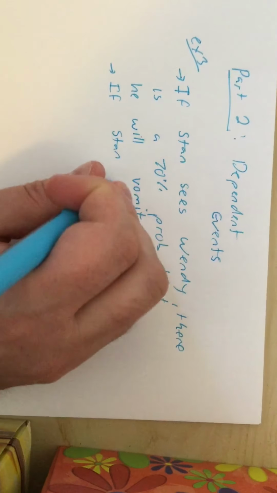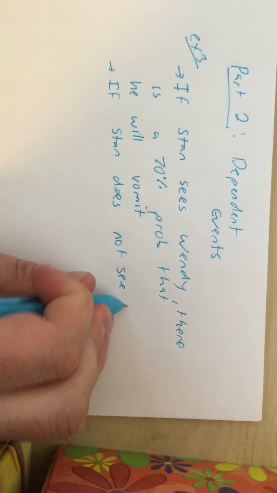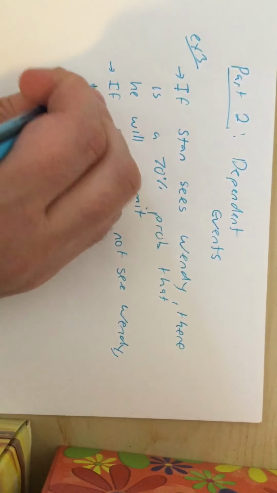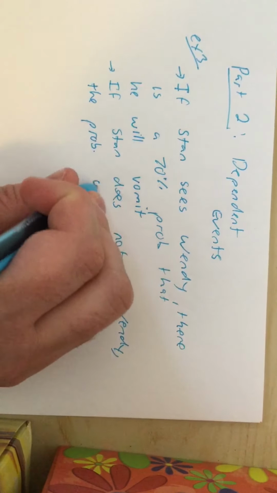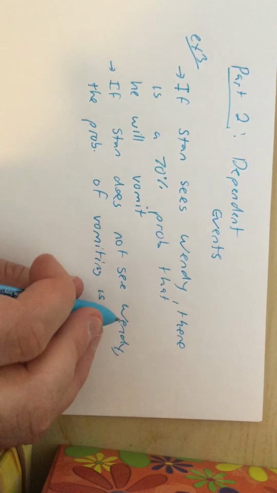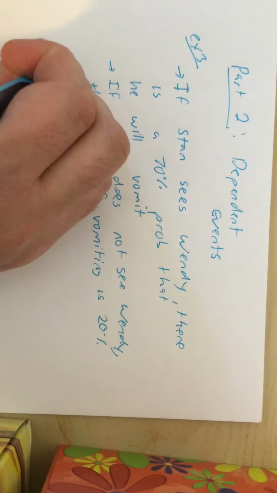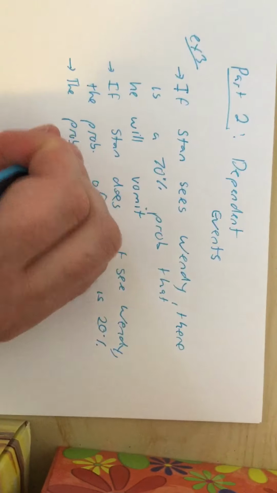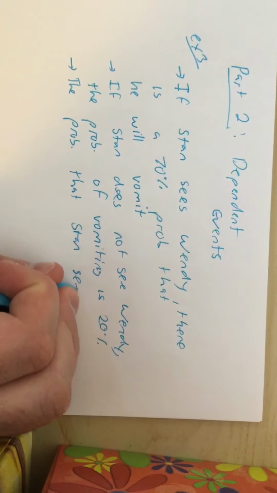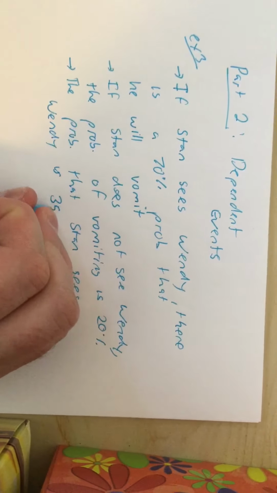If Stan does not see Wendy, the probability of vomiting is 20%. The probability that Stan sees Wendy is 35%.